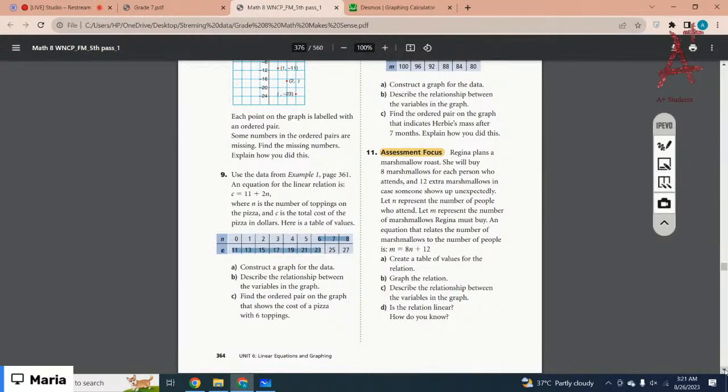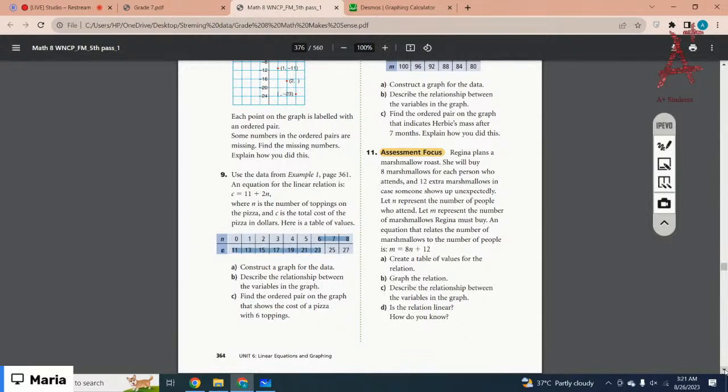Let n represent the number of people who attend. Let m represent the number of marshmallows Regina must buy. An equation that relates the number of marshmallows to the number of people is m equals 8n plus 12. Create a table of values, graph the relation, and describe the relationship between the variables. Is the relationship linear? How do you know?